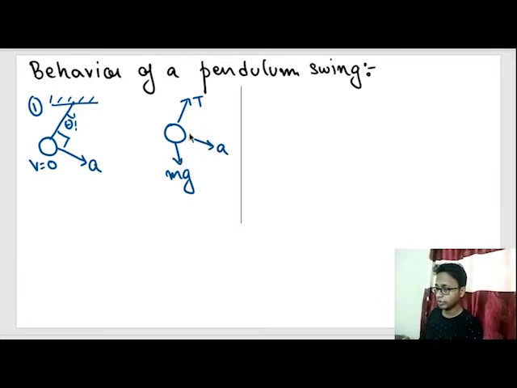So the component of tension force in the direction of acceleration would be 0. Why? T cos 90 is equal to 0. But the component of mg force in the direction of acceleration won't be 0. There will be some angle between this mg force and the direction of acceleration.